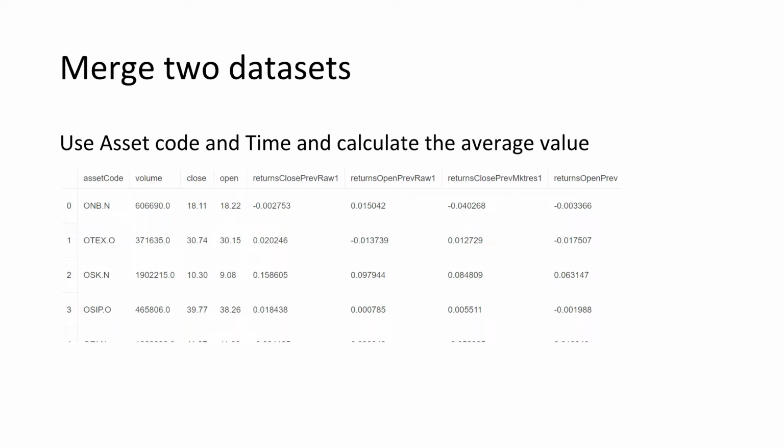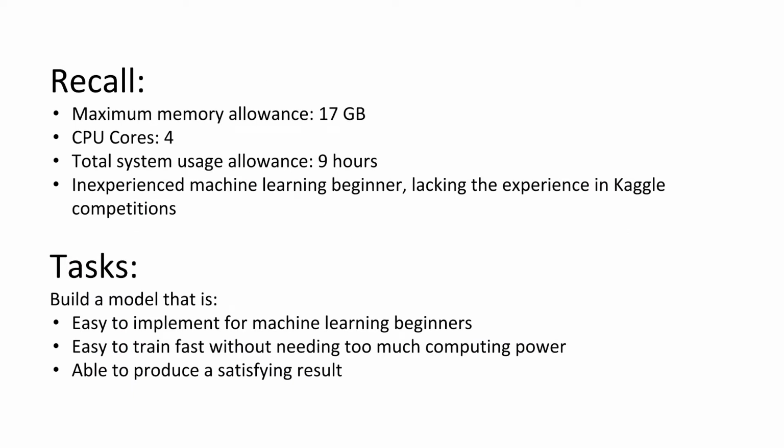Okay. So when I considered building the model for this competition, since I don't have the expertise, I wanted to use something really simple that doesn't consume too much computing power. Kishi, can you scroll down one page? Yeah. A data set this size usually consumes a lot of memory.